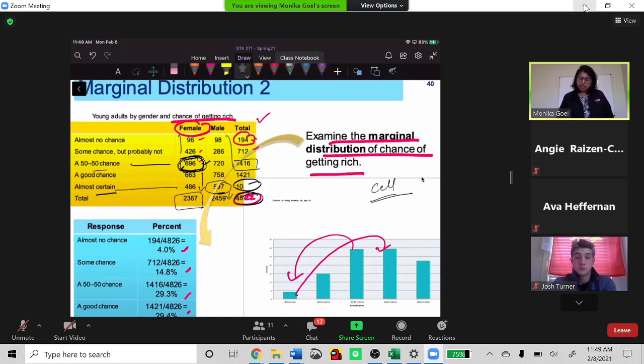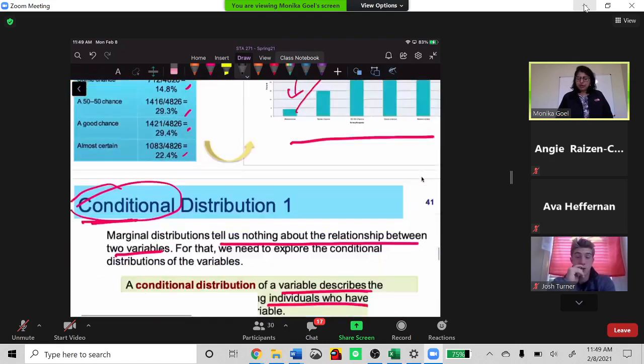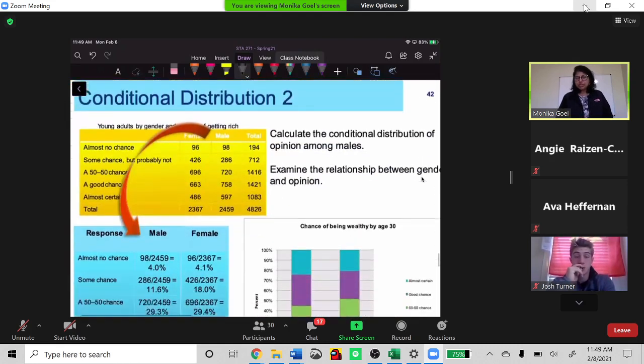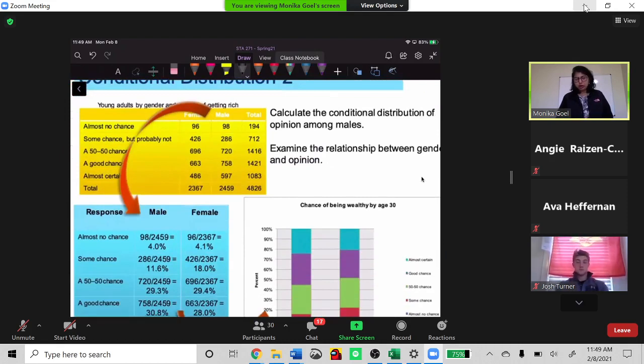Or I'm looking at this condition with all the subjects, and all the subjects are this. Conditional distribution is a little bit of work, but as long as you know which cell you need to go to and you are looking at the relationship among what, row total, column total, or grand total, then you can do that.